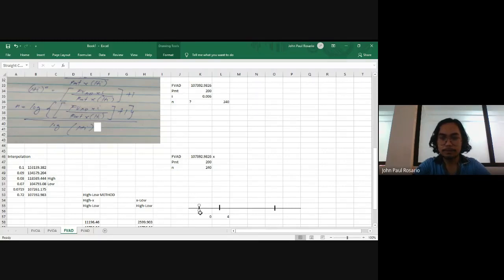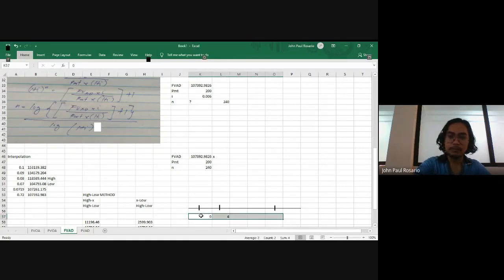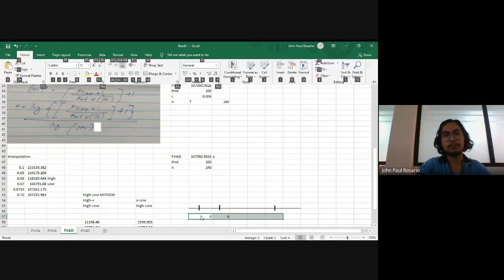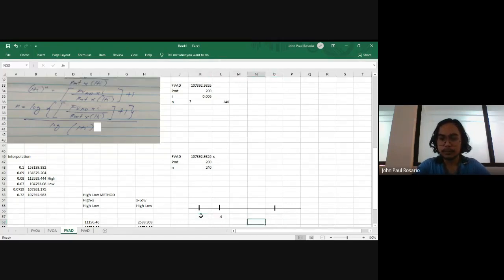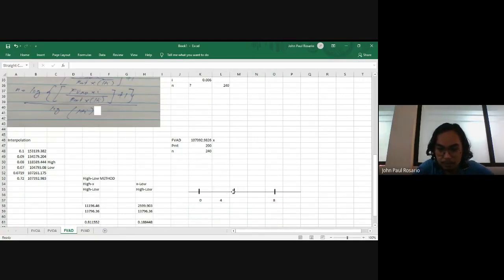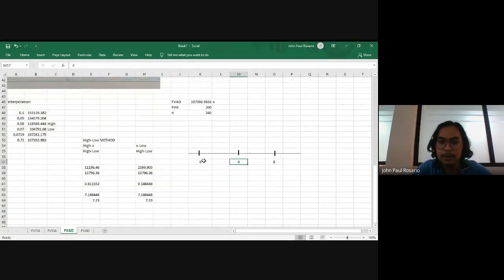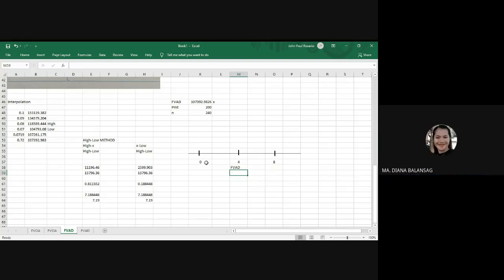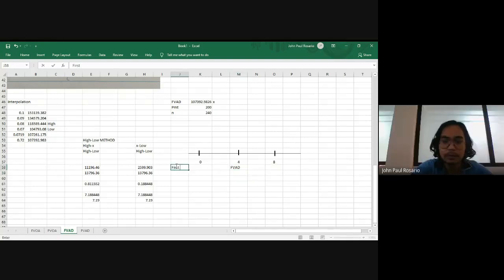This is 8. Okay. So for the first term, di ba, kuha man to, from year 0 to year 4, imo kwaon iyahang future value of ordinary annuity or annuity due. Nasundan pa na, no? Tama? Yes, sir. First term.